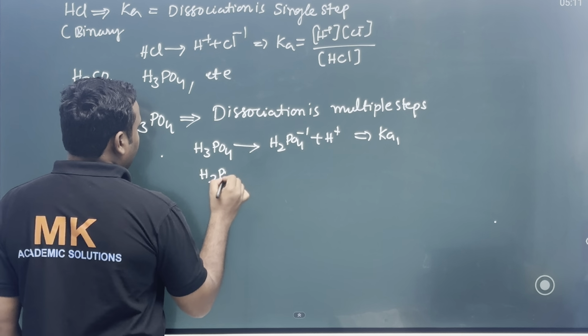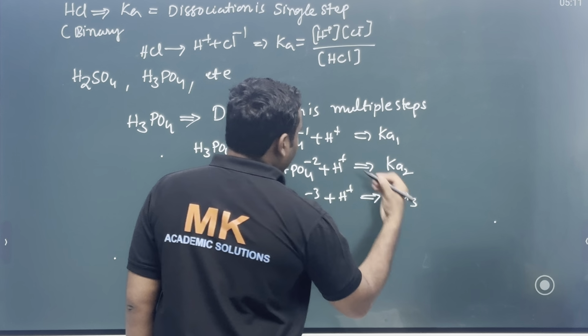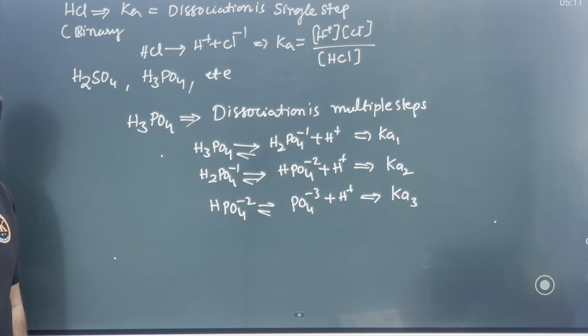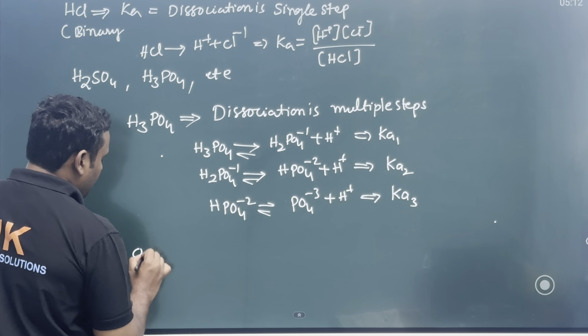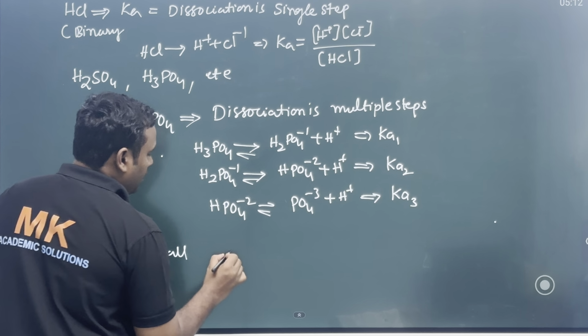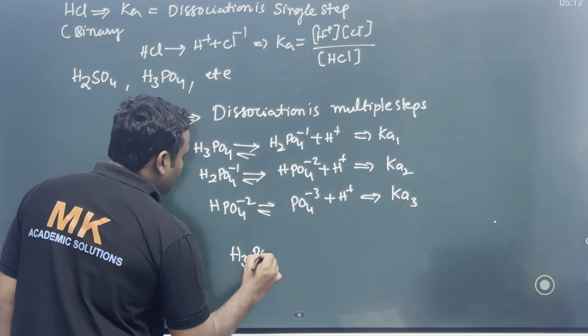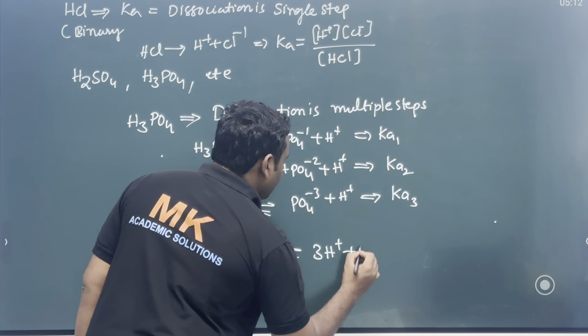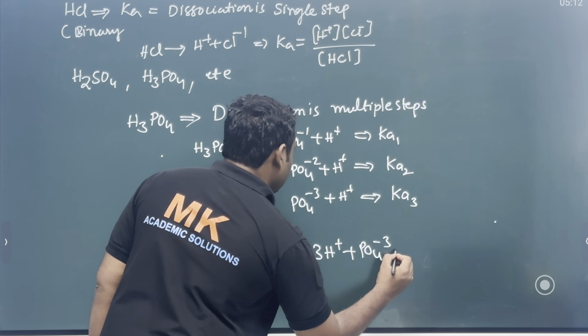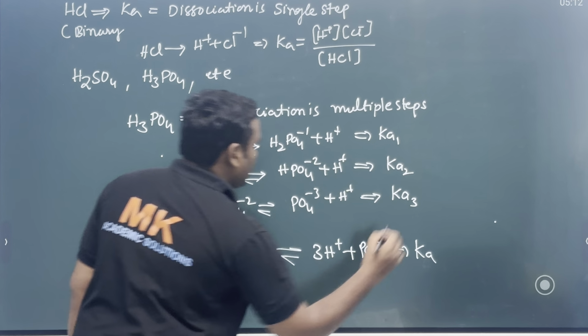Next, HPO4 minus 2 gives rise to PO4 minus 3 plus H plus. This is Ka3. And for the overall dissociation, H3PO4 gives rise to 3H plus and PO4 minus 3. For this dissociation constant, consider Ka.